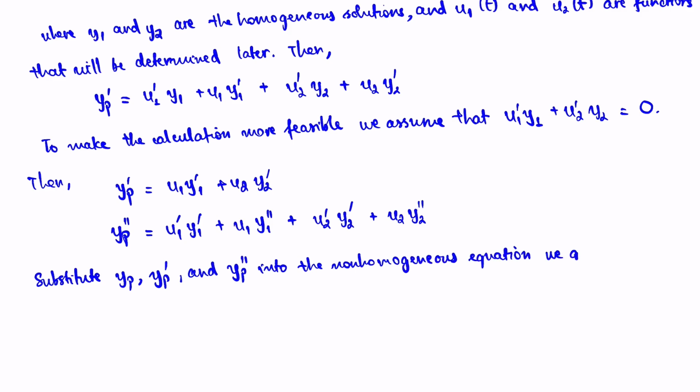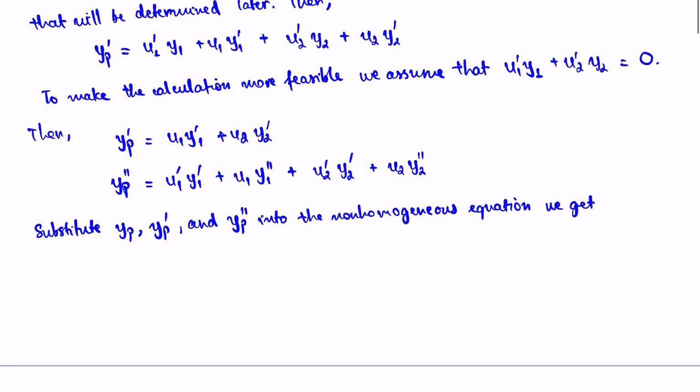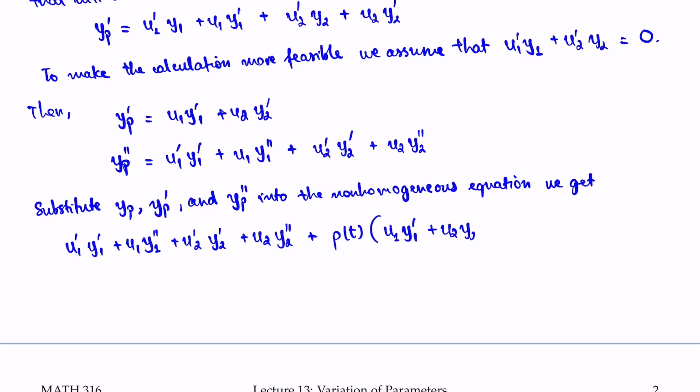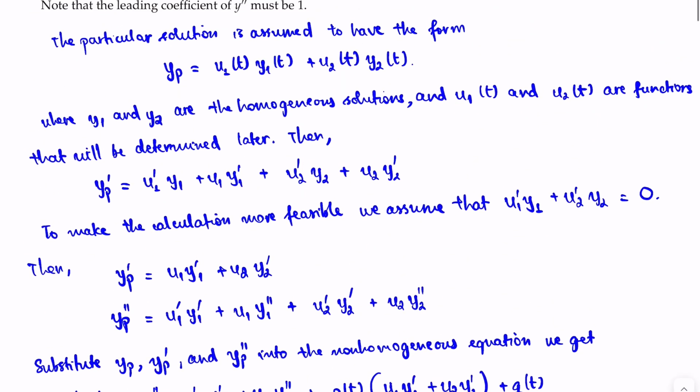We get that y double prime is u1 prime times y1 prime plus u1 times y1 double prime plus u2 prime times y2 prime plus u2 times y2 double prime, plus p of t times y sub p prime, or u1 times y1 prime plus u2 times y2 prime, plus q of t times y sub p, and the assumption for y sub p is over here.